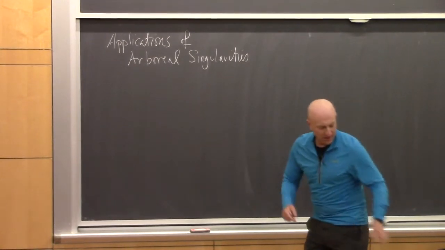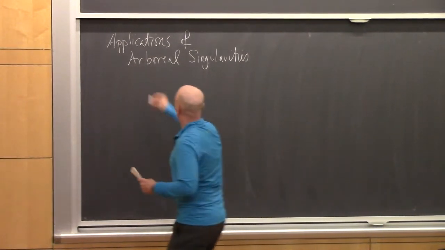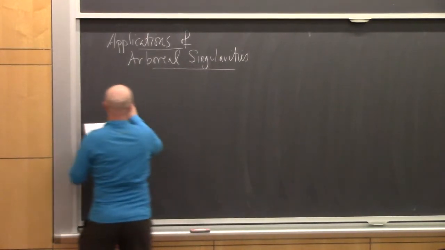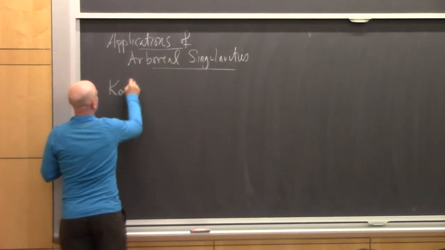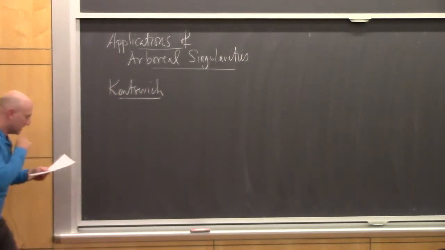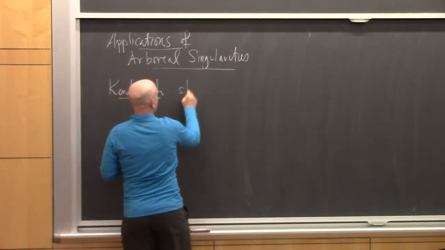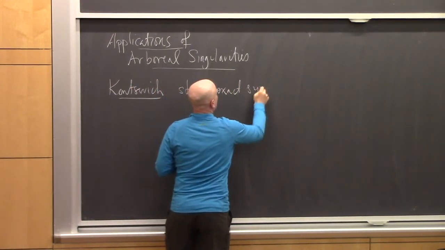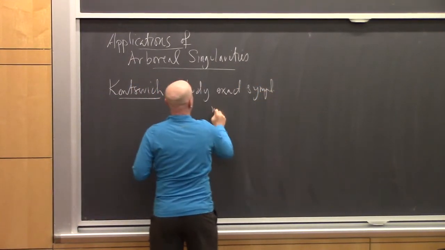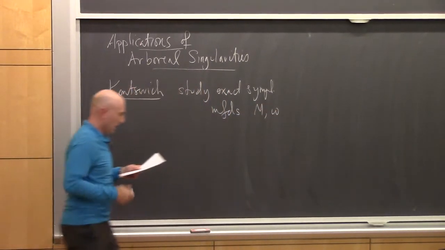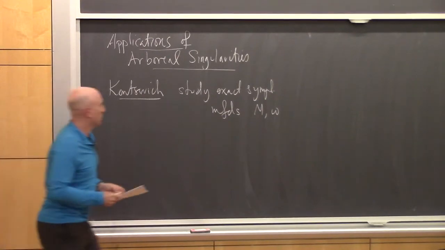Okay, so let me remind you of a starting point that appeared in Maxime's first talk. Kontsevich made the suggestion that we should study exact symplectic manifolds (M, omega), by choosing a Lagrangian skeleton.